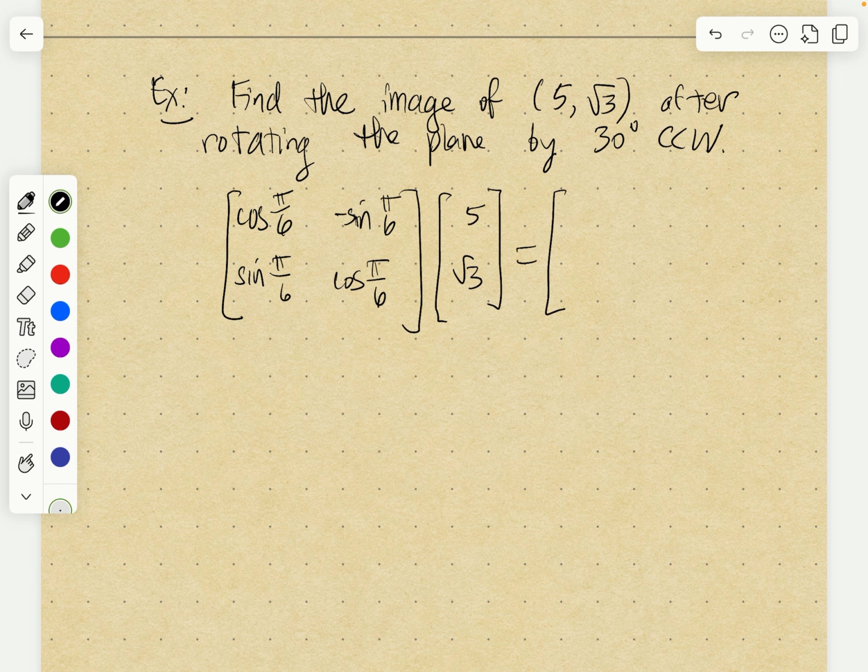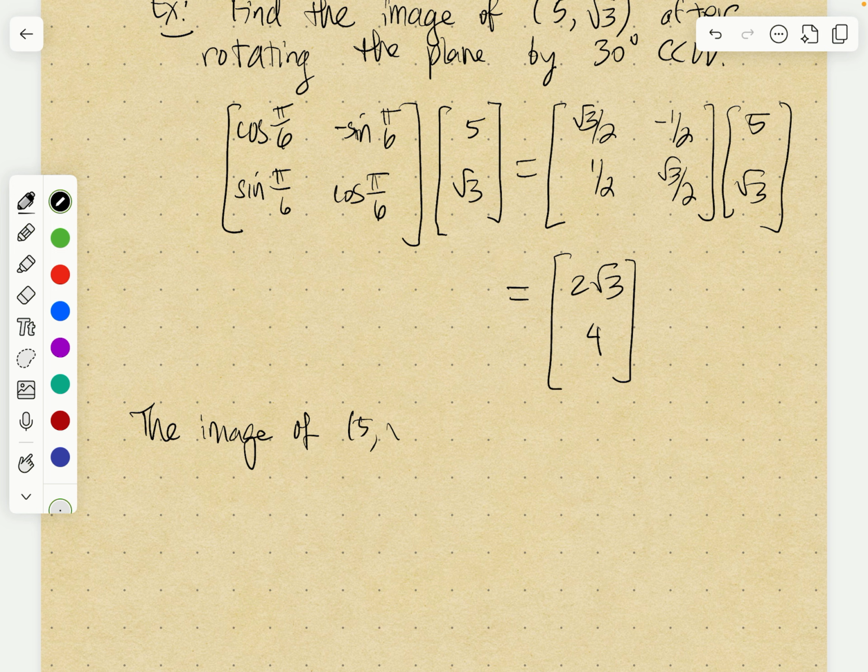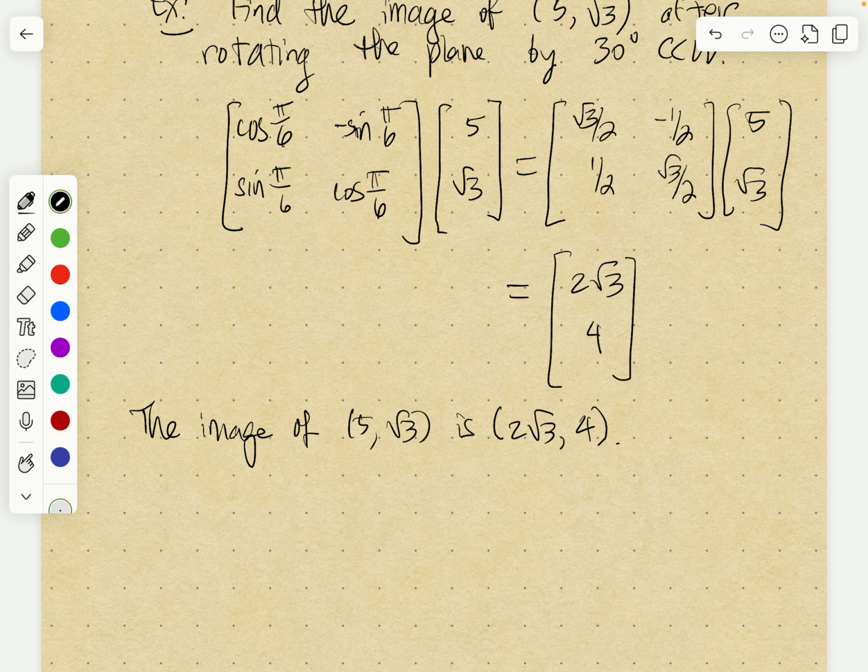And that's going to equal root 3 over 2, 1/2, negative 1/2, root 3 over 2. So now you just multiply that by this vector, and if you do it out, you are going to get 2 root 3 and then 4. So the image of 5 root 3 is the point 2 root 3, comma 4.